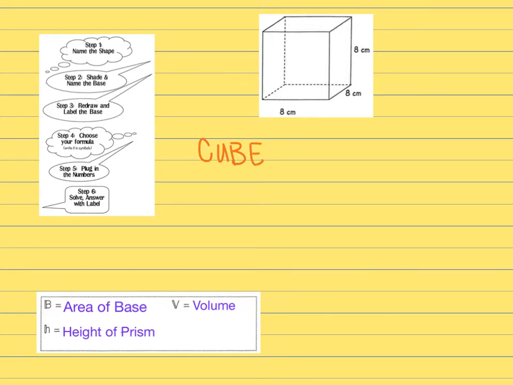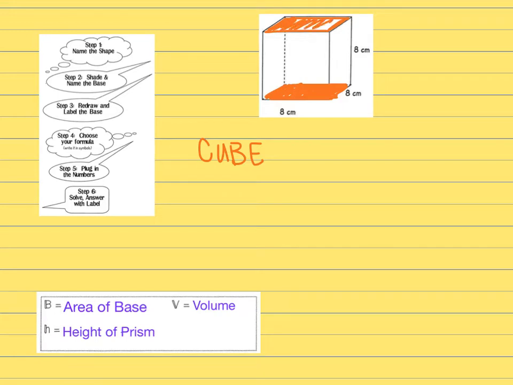Okay, the base is not always the bottom, but for a cube it really doesn't matter because all the pieces are the exact same size. So I'm going to shade in a base. It also has two bases. Prisms have two bases. So this would count as a base, as well as this top portion.